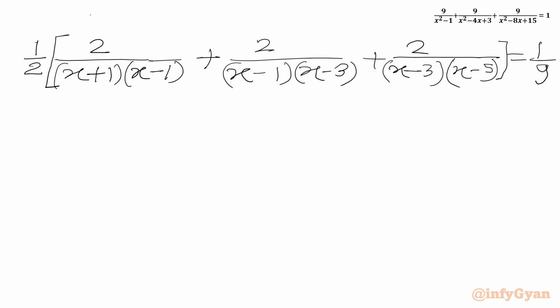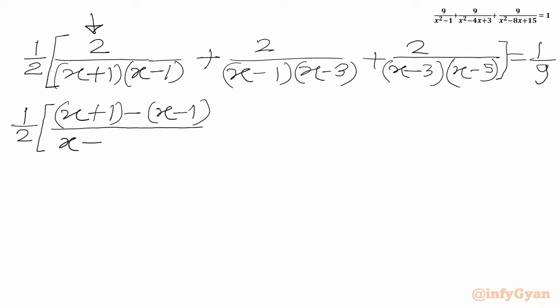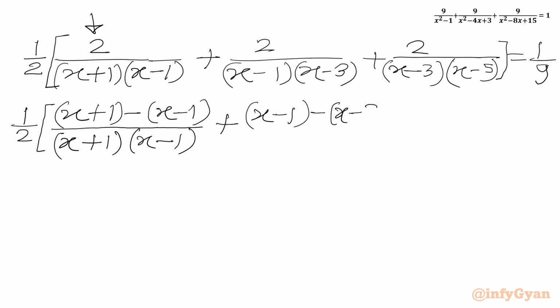Now we can write our numerator 2. Let me write half as it is. Then in the bracket, this 2 can be written as x plus 1 minus x minus 1. So 1 plus 1, which will be 2, which is in the numerator. In denominator, we will write x plus 1 times x minus 1. Then we have 2 in the numerator. Here we will write x minus 1 minus x minus 3.